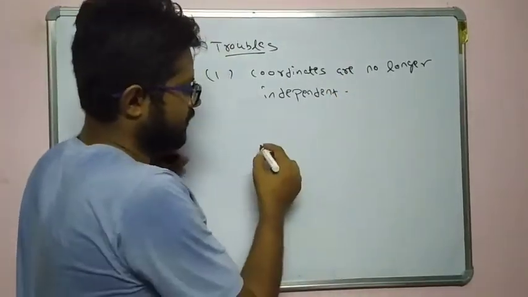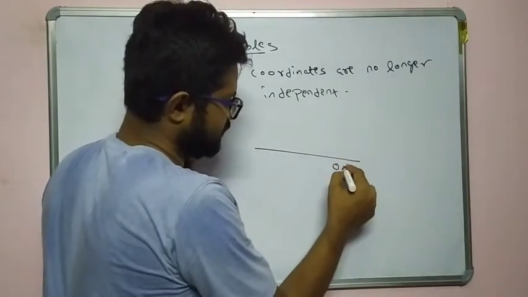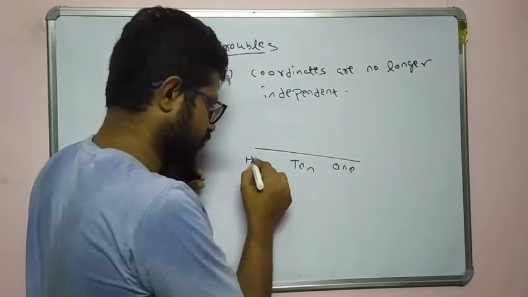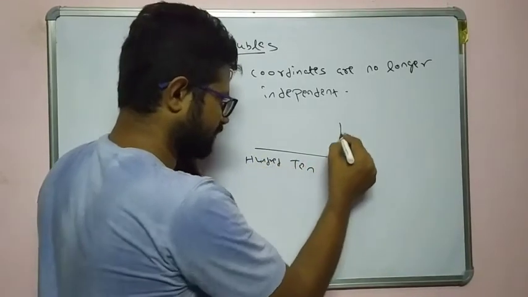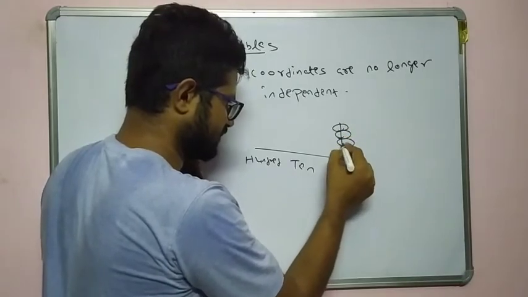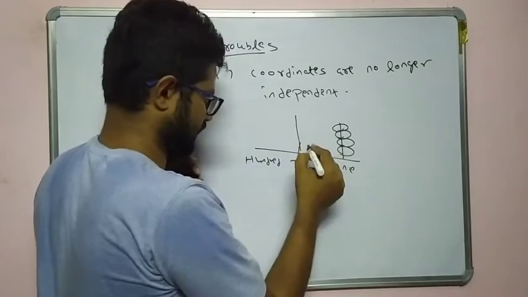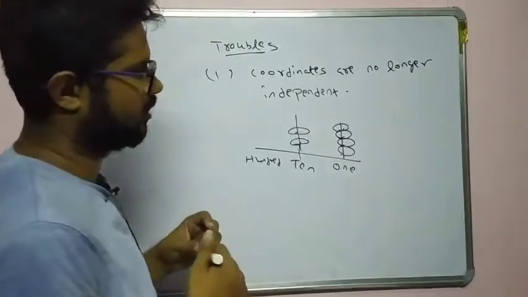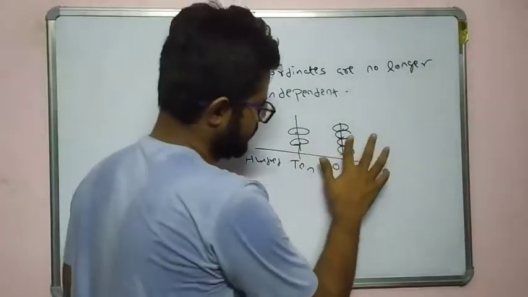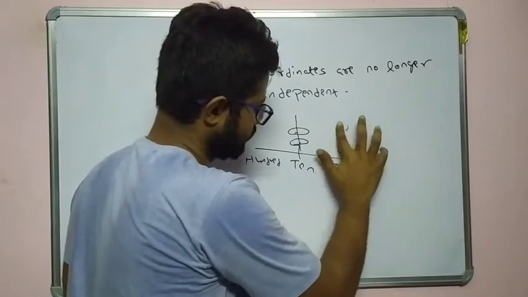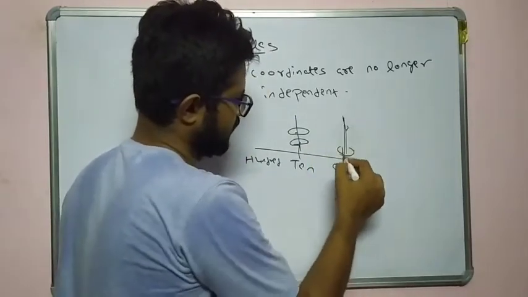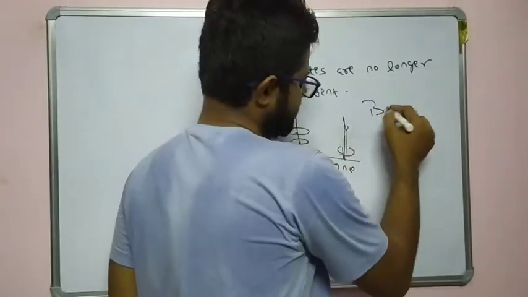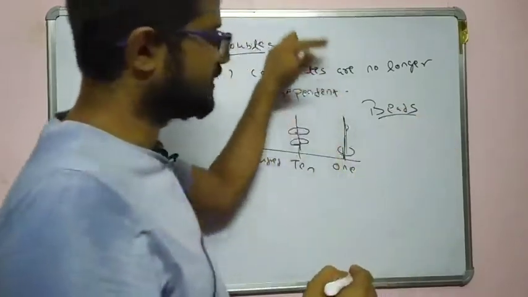You know the abacus very well, and these are the beads of the abacus. If this is 1, then the next is 10, and then 100. Suppose these beads are placed in the x-axis direction.